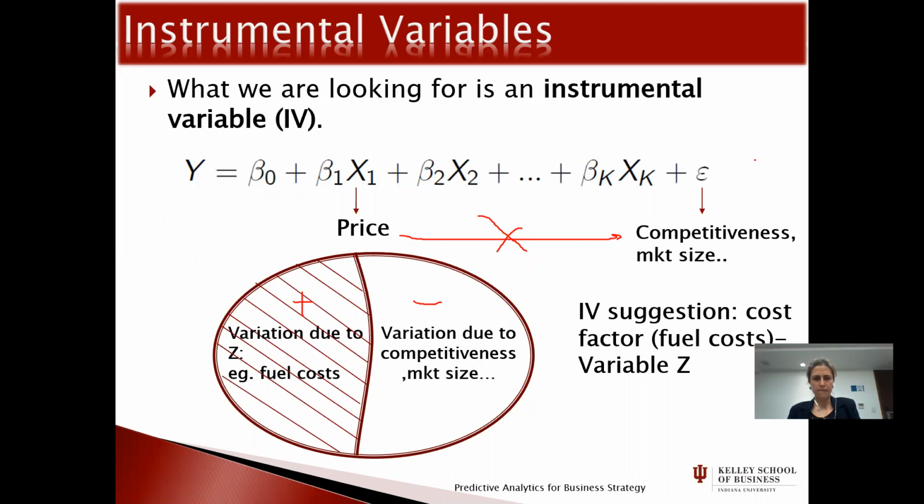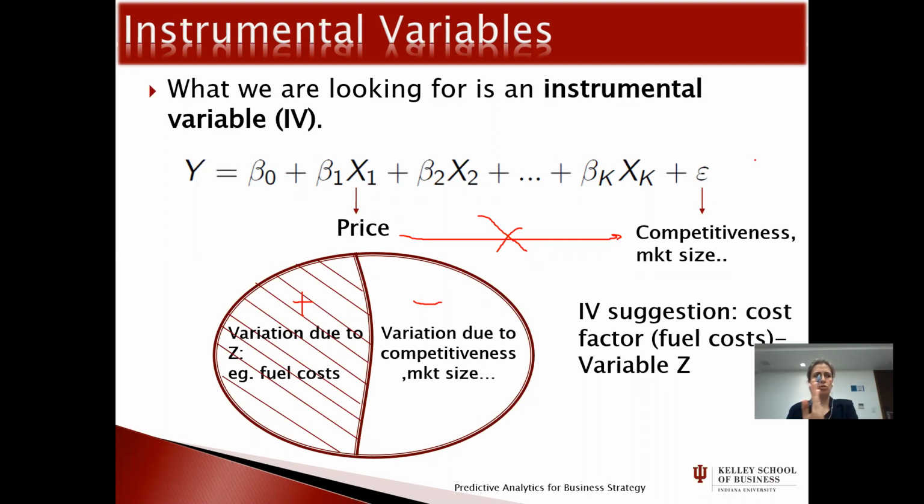So by using fuel costs as a proxy, we are only bringing in the portion that the fuel cost affects the price. Therefore, we are throwing away the other portion.